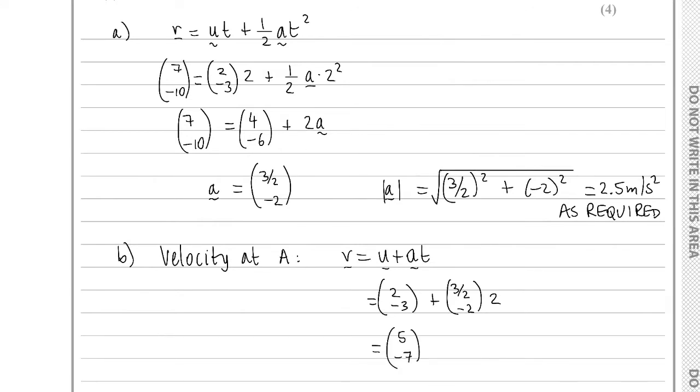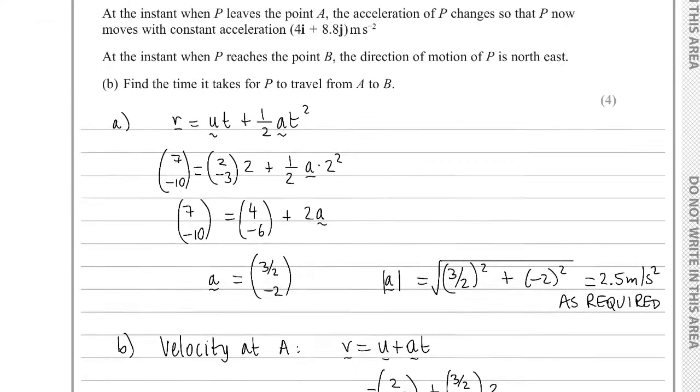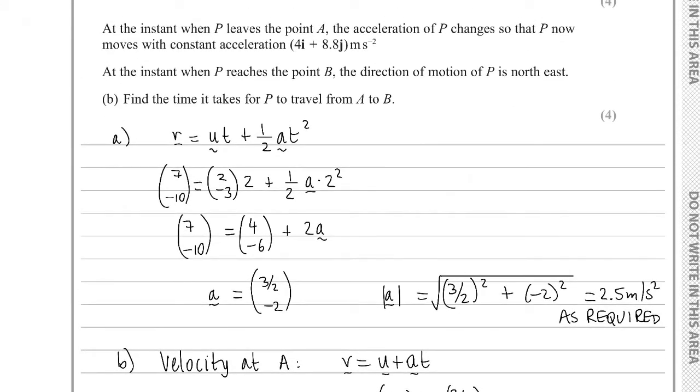That's the initial velocity as we embark on a journey from A to B with a constant acceleration of 8.8. We also know that as we reach point B, the direction of motion of P is northeast.